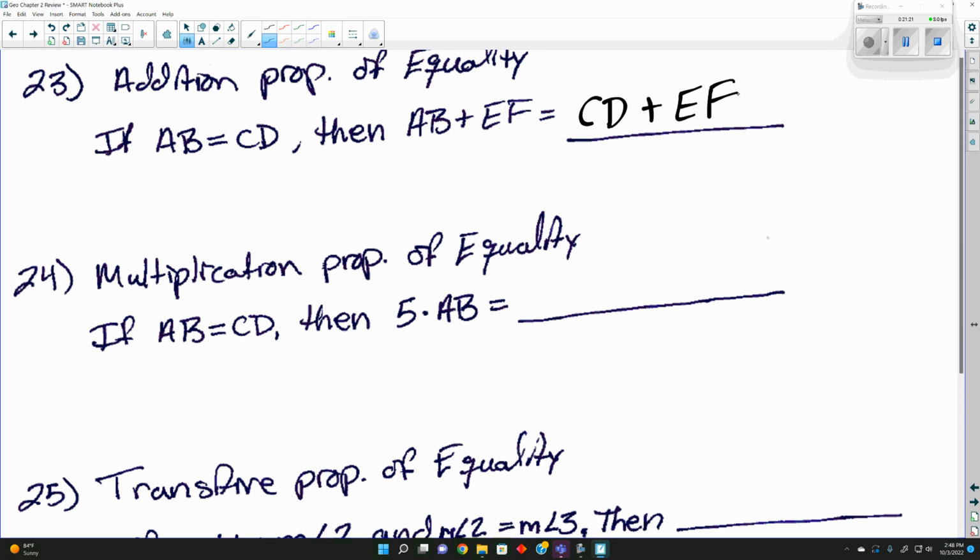For 23? Yeah. Because addition property of equality says I can add the same thing to both sides and it still be equal. So I added EF to one side, which means I need to add it to the other. Questions on 24 or 25?